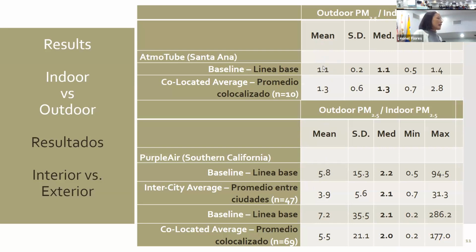But in the other parts of Southern California, the mean ranged from 3.9 to 7.2. That means the outdoor pollution is so much more than the indoor pollution. Or you can see it another way: in the other parts of Southern California, the indoor pollution is so much less than the outdoor pollution.